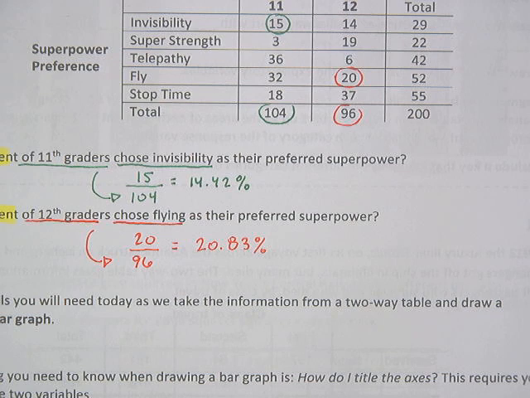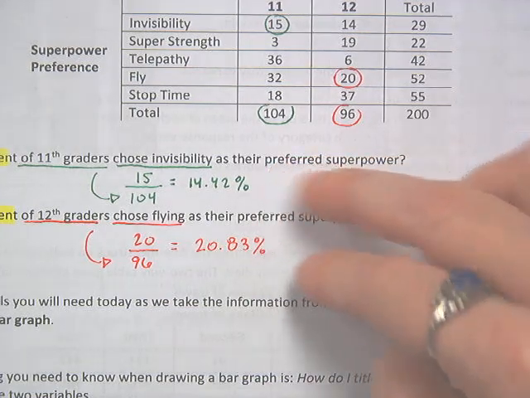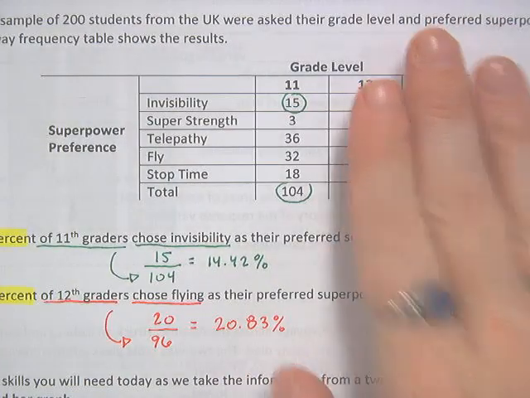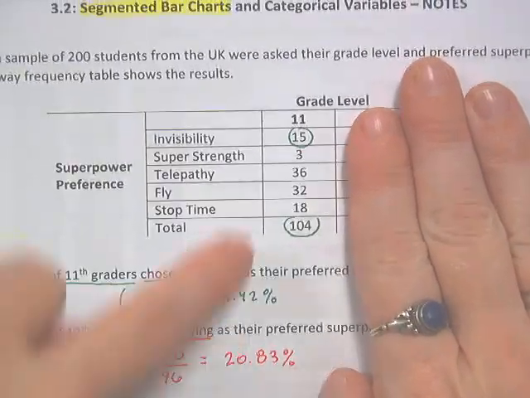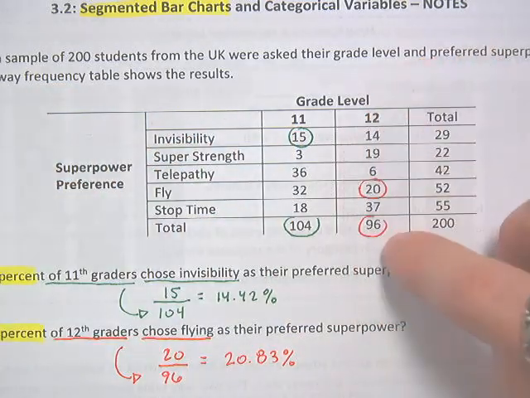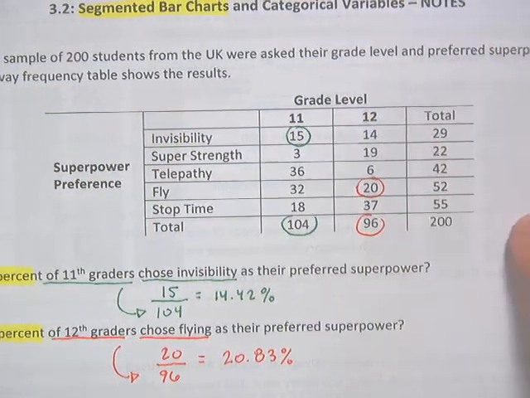And when I give you a quiz, I may ask you to recall there are 3 types of relative frequency, 3 types of questions, essentially, that you can be asked from a two-way table. And those 3 types are marginal, joint, and conditional. What are both of these? I want you to notice that both of the numbers for the green fraction come from the same column, and both of the numbers for the red fraction come from the same column.